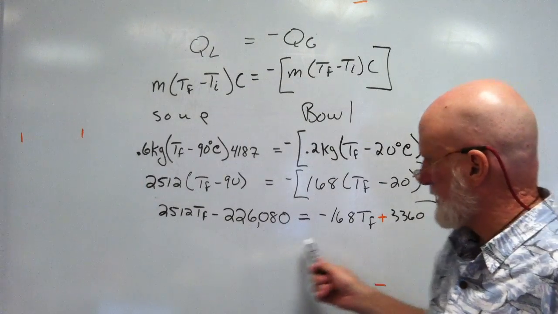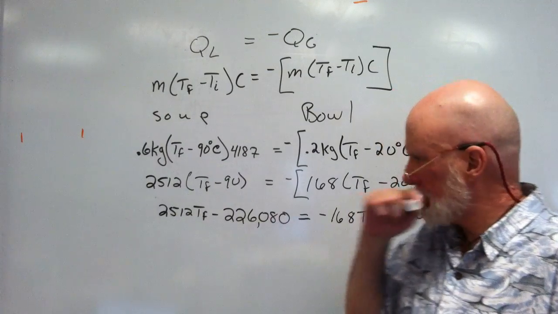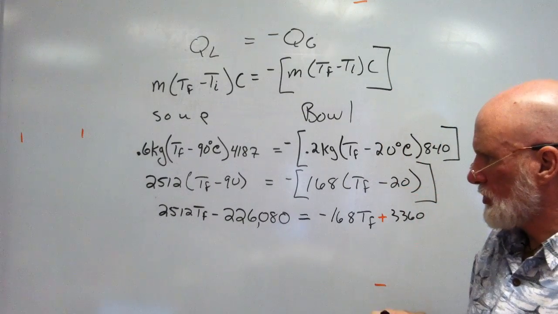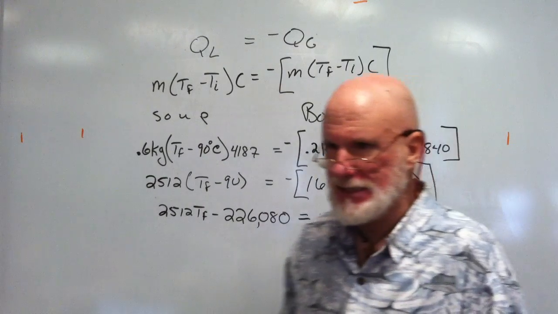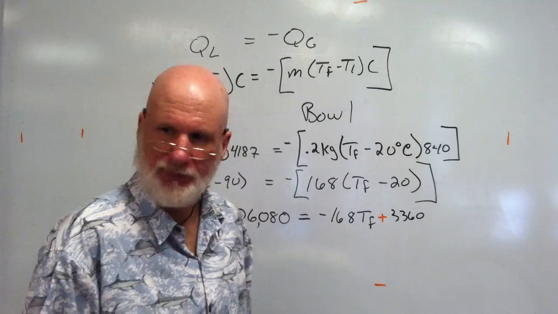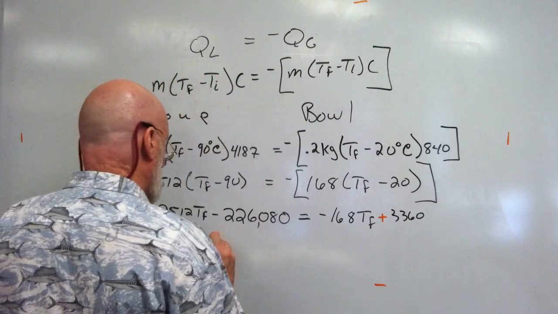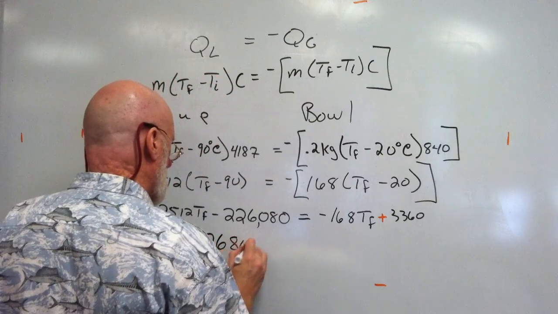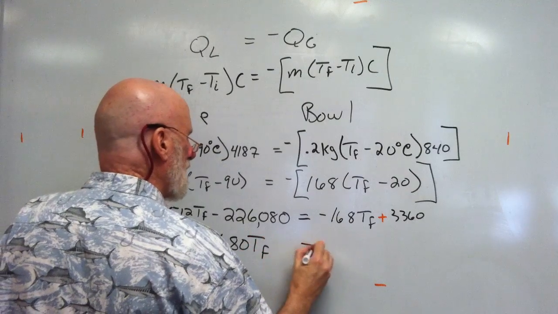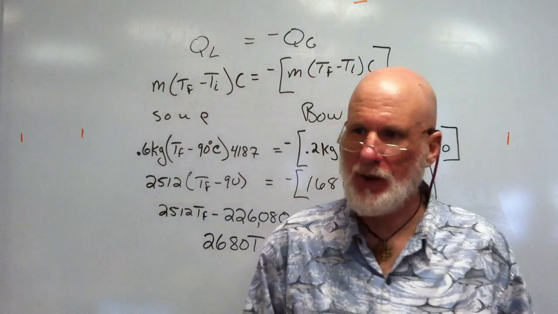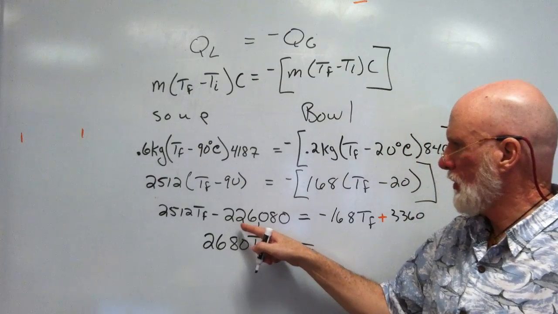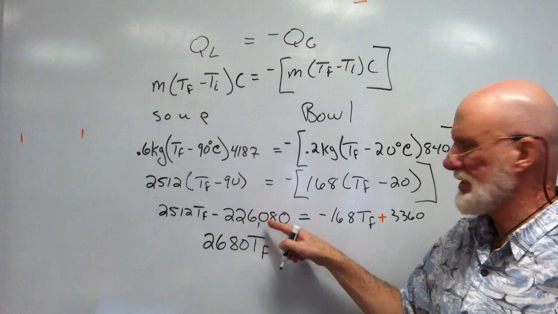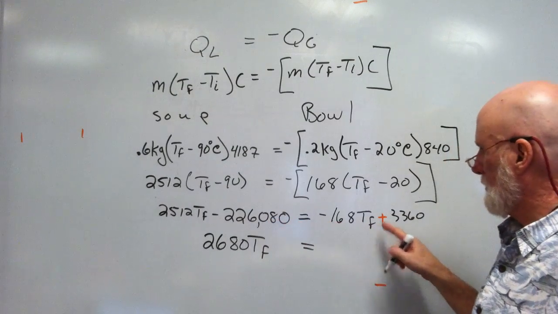Now, add 168 TF to both sides. So 2512 plus 168 is what? 2,680. Are we comfortable with that? All right, now add 226,080 to both sides.